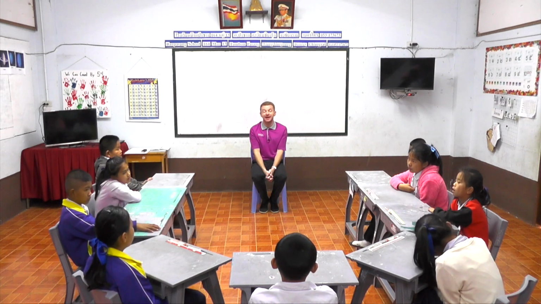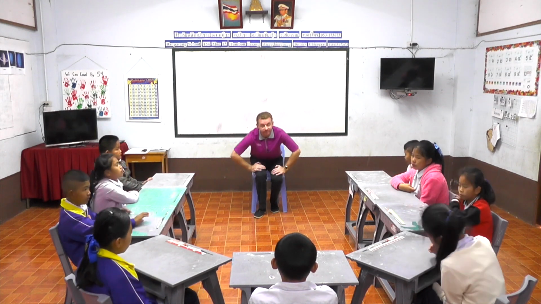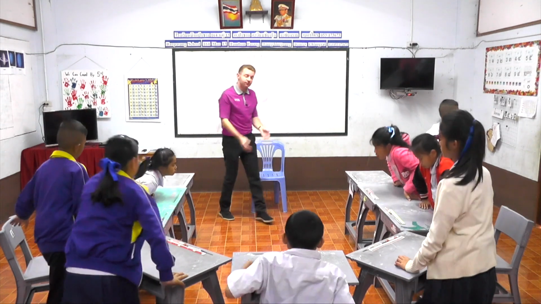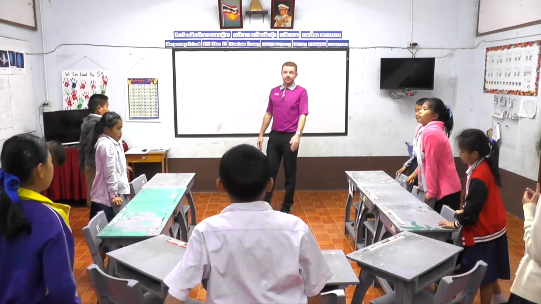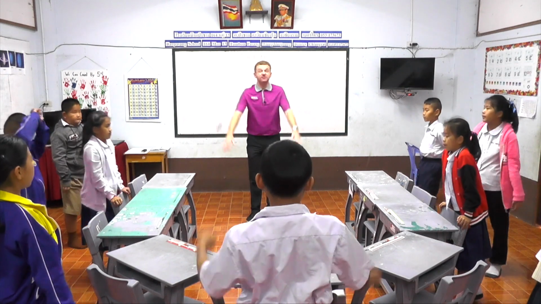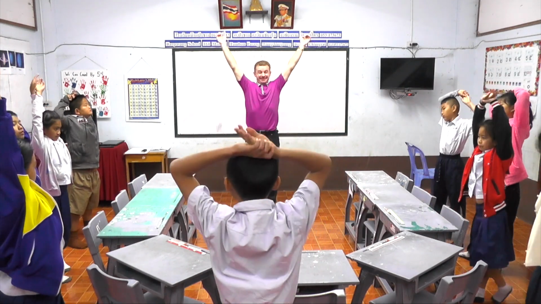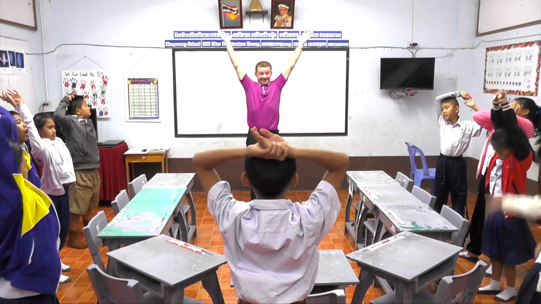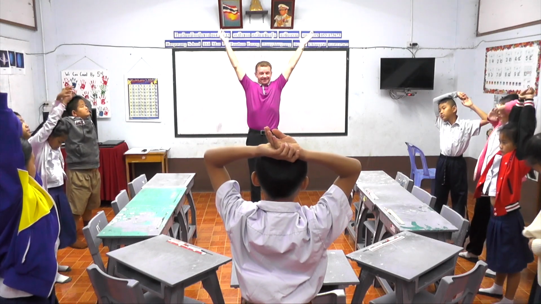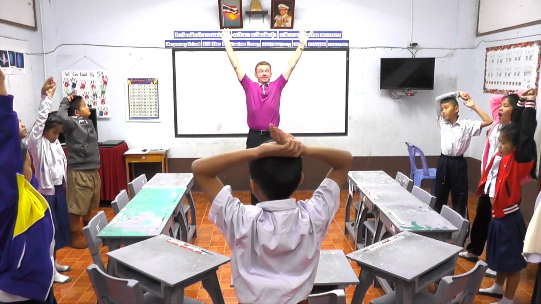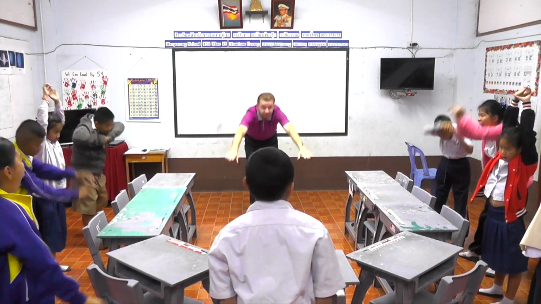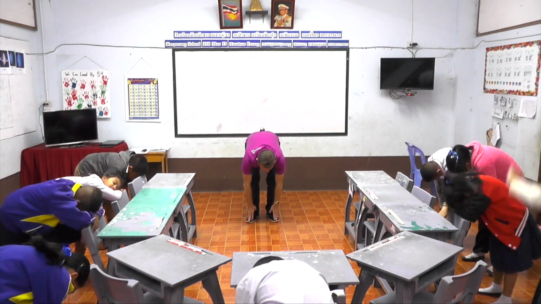Excellent. And next we can do our stretch sequence. So let's stand up and push in our chairs. And we can begin by stretching up high to the sky, high as we can. Then let's go down low. Touch your toes.